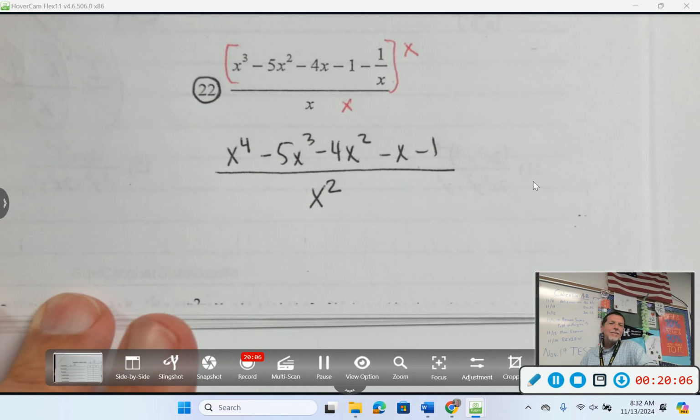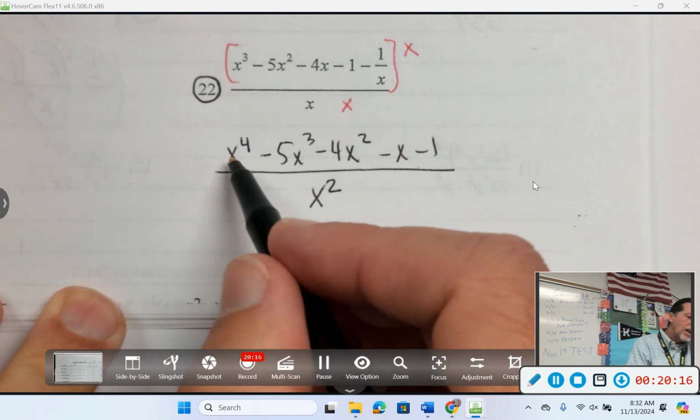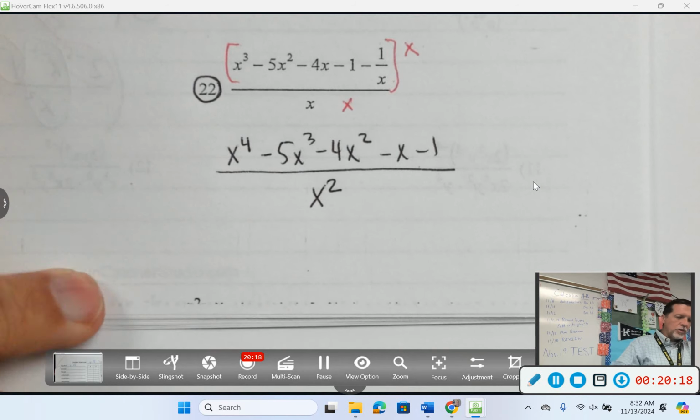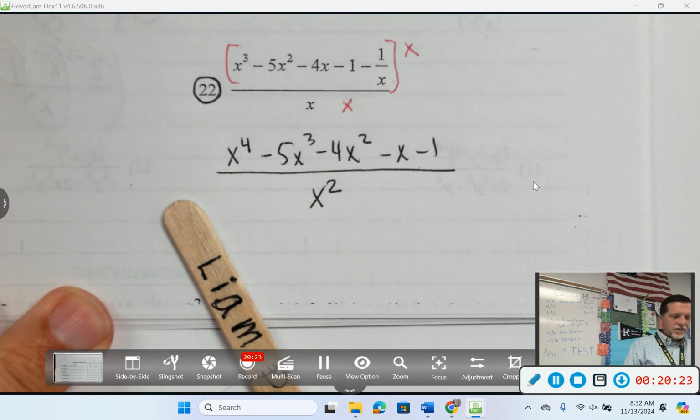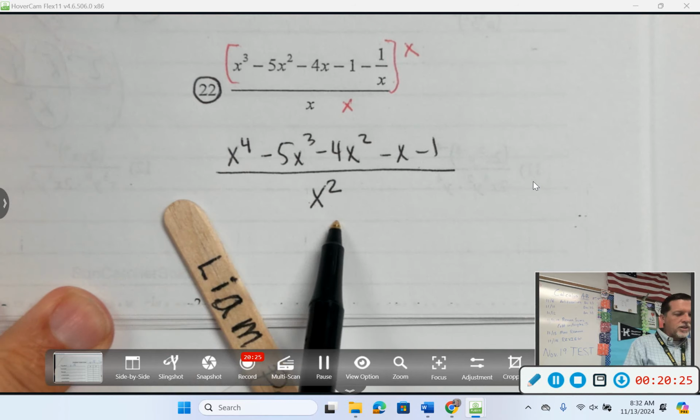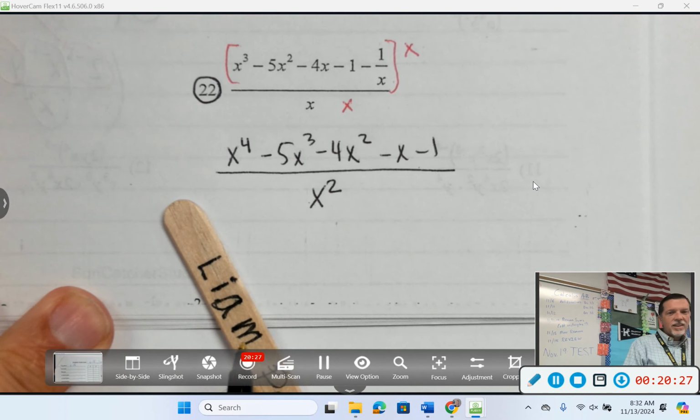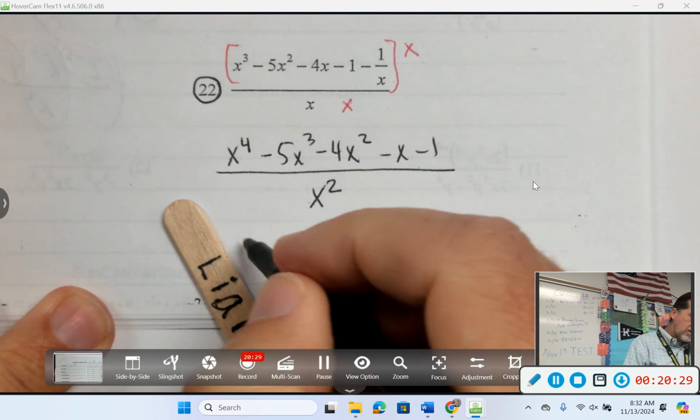Most of you are probably not going to write it out like we did on number 18. You are going to divide each of them by x squared, but you don't have to write it out individually. Liam, what's x to the 4th over x squared? Just going to take this one at a time. x squared.